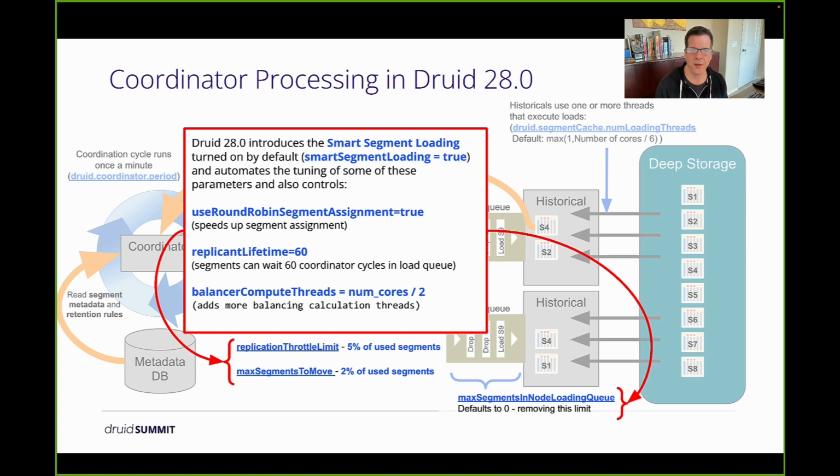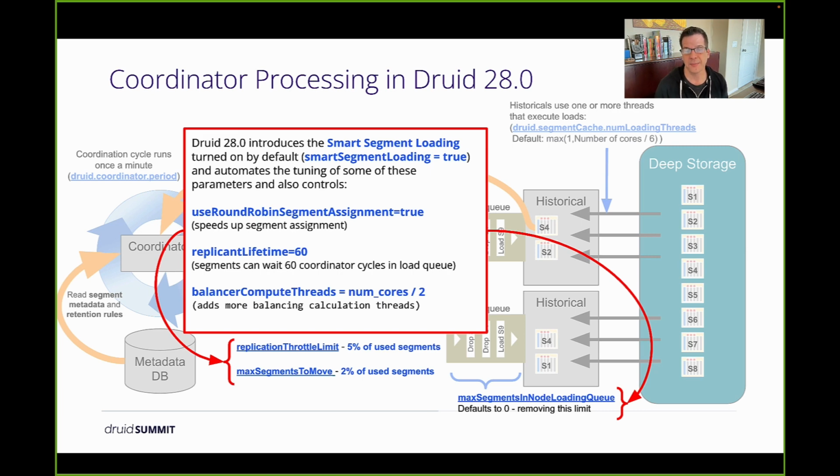It also affects other things about segment loading, like using round-robin segment assignment. New segments are assigned in a round-robin fashion among the historicals within a tier. That's just a fast way of getting even distribution of segments. The replicant lifetime is set to 60. This means 60 cycles of the coordinator, which, if it's 1 minute, means an hour.